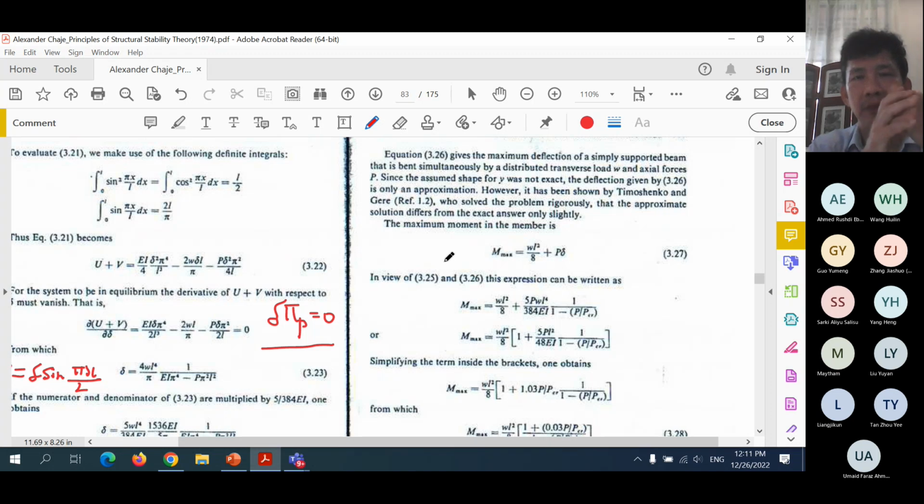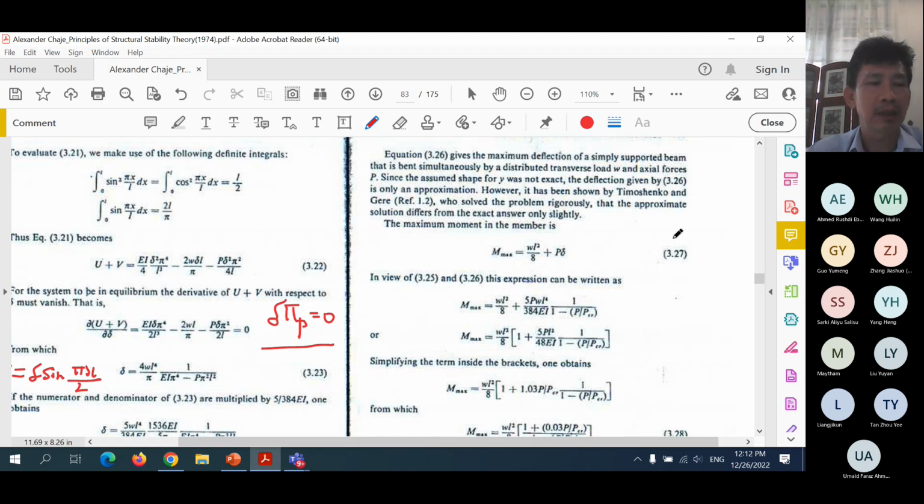Of course, in the Rayleigh-Ritz method, we make some assumption, a guess of the displacement field. So it will not be exact. The y that we assume is not exact, so the solution for delta is not exact. But as you can see from the comments made here, for this case of a beam column with uniformly distributed loads, Timoshenko and Gere have solved this problem analytically.